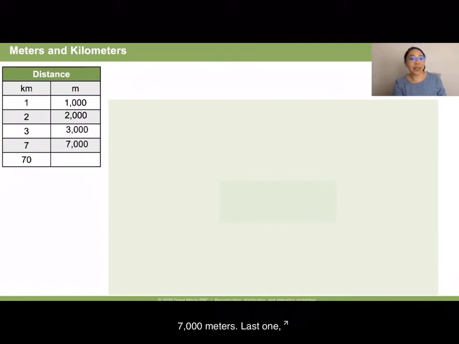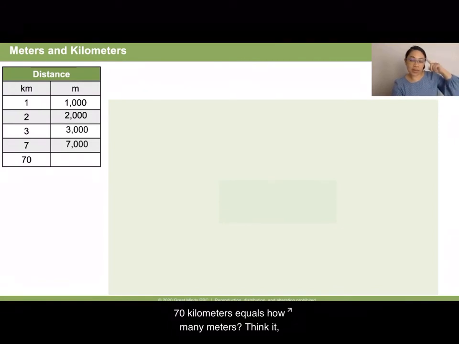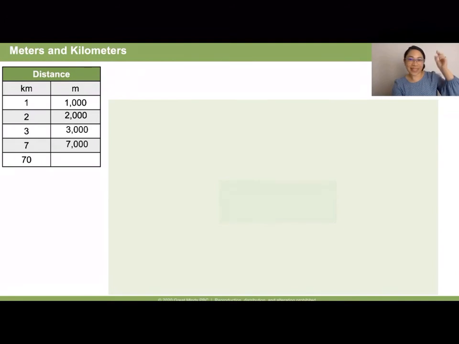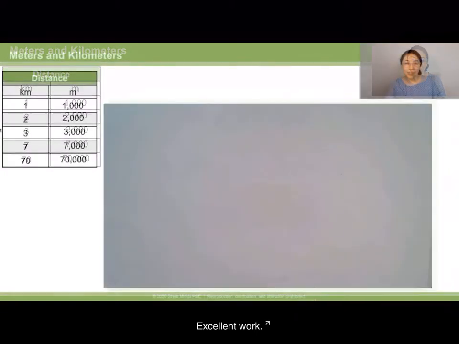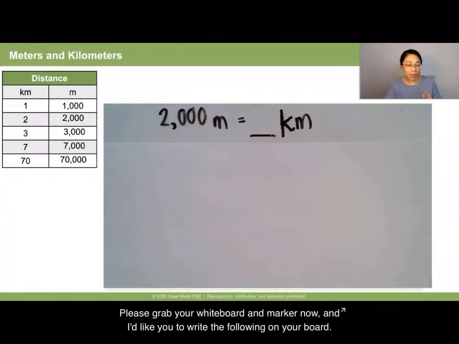Last one. 70 kilometers equals how many meters? Think it. Say it. 70,000 meters. Excellent work. Please grab your whiteboard and marker now, and I'd like you to write the following on your board.